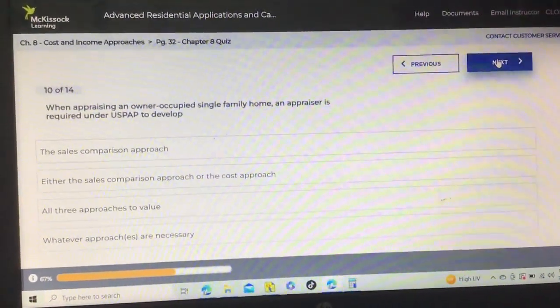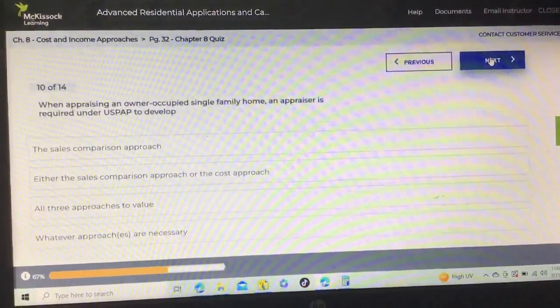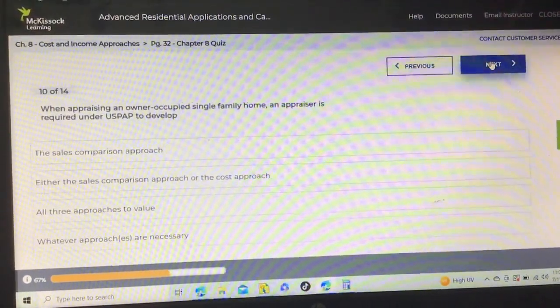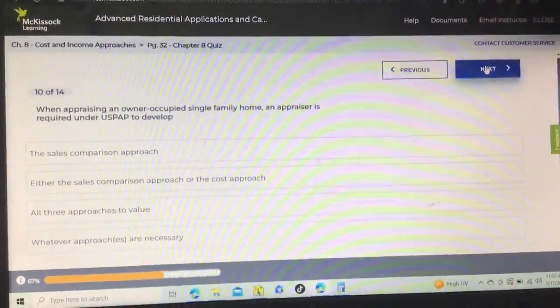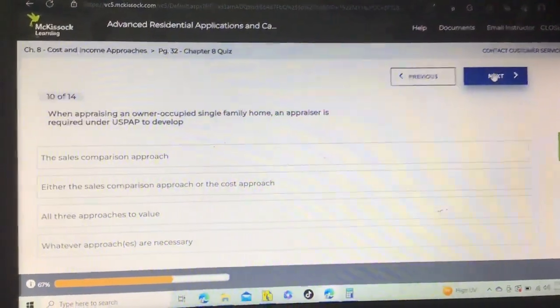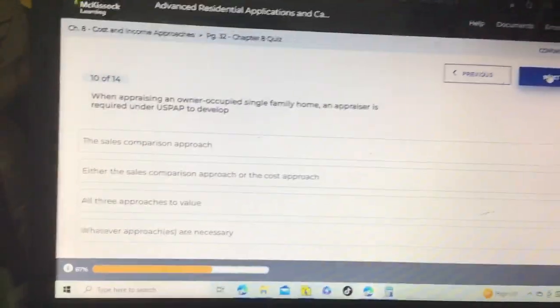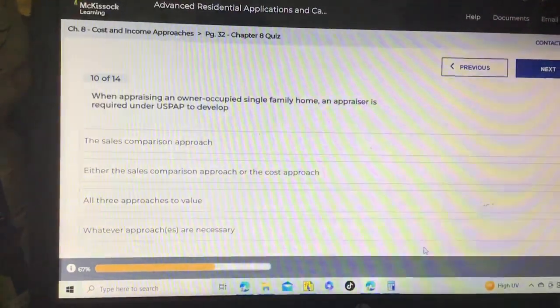But this is required by USPAP. USPAP is crazy. Some of the requirements in there, from reading the book. So I'm going to go on a wild one and say whatever approaches are necessary.